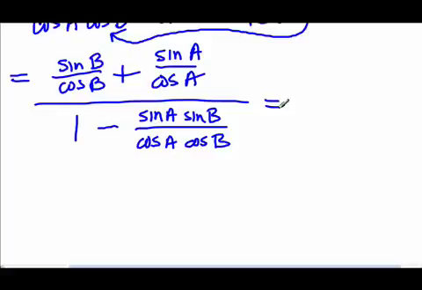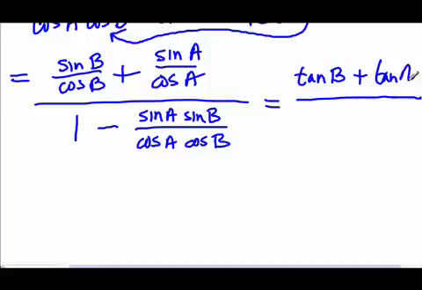Up top, the numerator, what's sine B over cosine B? Tangent B. Plus sine of A over cosine A is tangent A. So on the bottom, 1 minus, what are we left with?